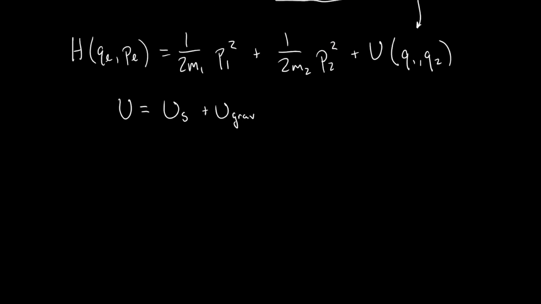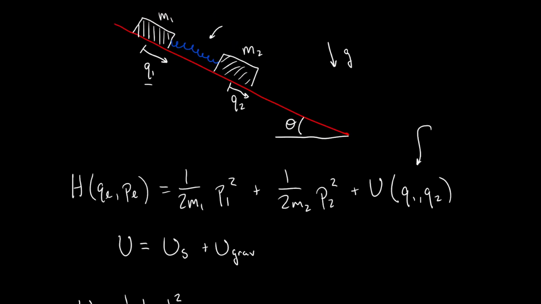The spring potential energy we know. This is just 1/2 k d squared, where d is the distance that this spring is stretched from equilibrium. So I'll write this as d minus L naught. L naught is this equilibrium distance, essentially the distance that the spring wants to be at. It wants to sit at some length L naught.